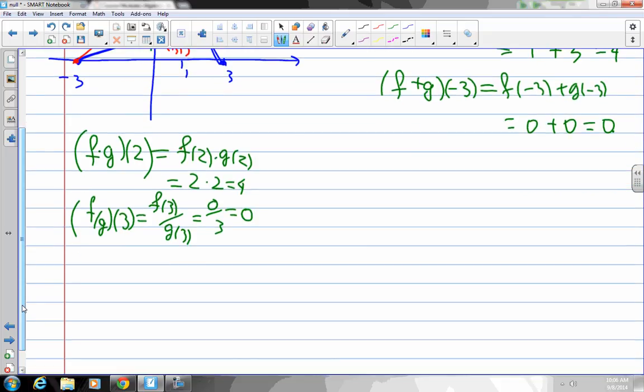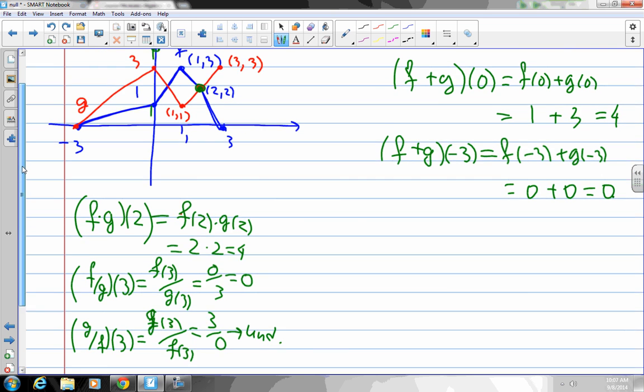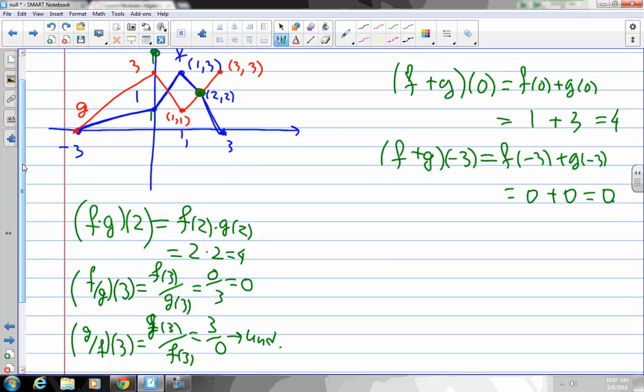But if I ask you what is g over f of 3, it's g of 3 over f of 3. So that's 3 over 0. And that's undefined. So we can answer those types of problems just by looking at the graphs.